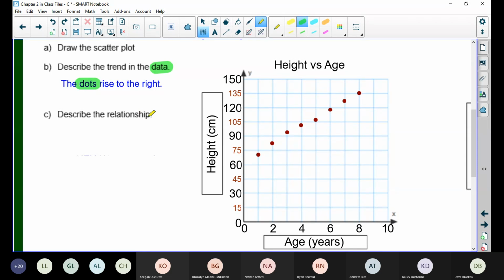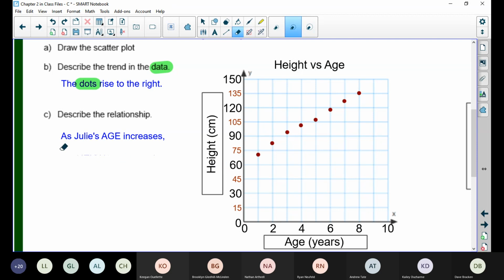Okay. Now describe the relationship. There's only really 1 or 2 words that ever change. You use the 2 variable names, and it's always as this bottom variable increases. As Julie's age increases. That's standard. It's always as the bottom one increases, what's happening to the side one? Is her height increasing? Is her height decreasing? Or is there no relationship?